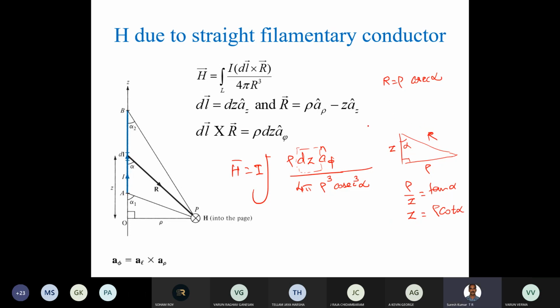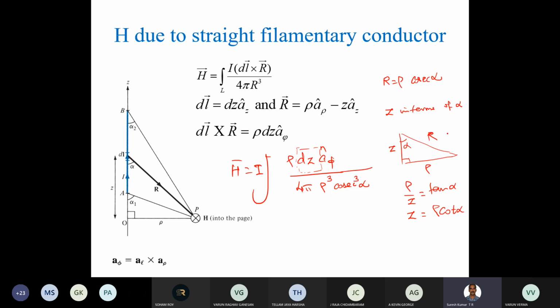See, in this case we want to rewrite z in terms of alpha. So if you want to write z in terms of alpha, either you can go with cos alpha or tan alpha. If you go with cos alpha, again the r term will come. We want to avoid that.